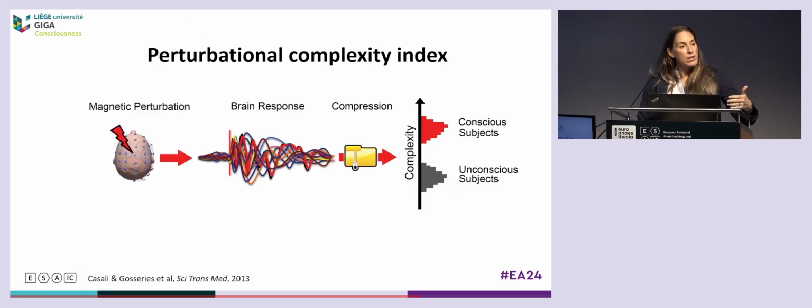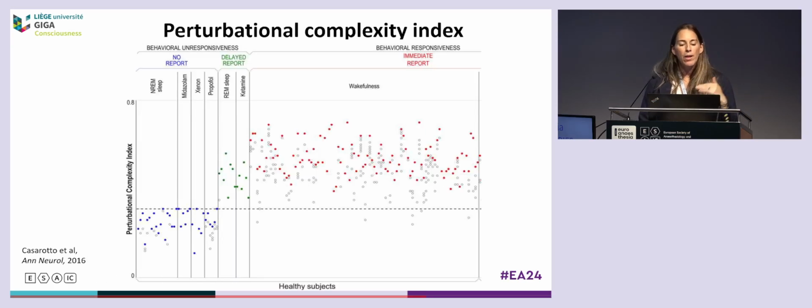Then we went one step further and developed the perturbational complexity index. Here we look at this brain response and we compress it, and that gives us a number between 0 and 1. If you have a number below 0.31, you are considered unconscious, and this is the case here in blue when you are in non-REM sleep with no dreams, or under midazolam, xenon, and propofol anesthesia.